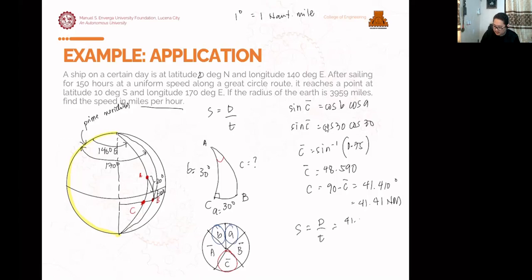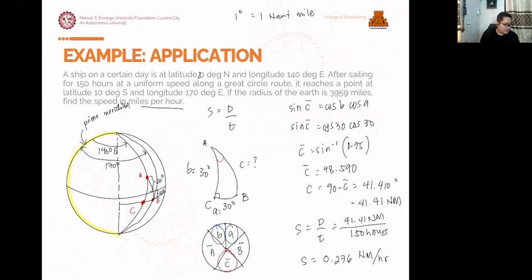So, 41.41 nautical miles all over 150 hours. So, S natin will be equals to 0.276 nautical miles per hour. So, this will be our answer for this problem.